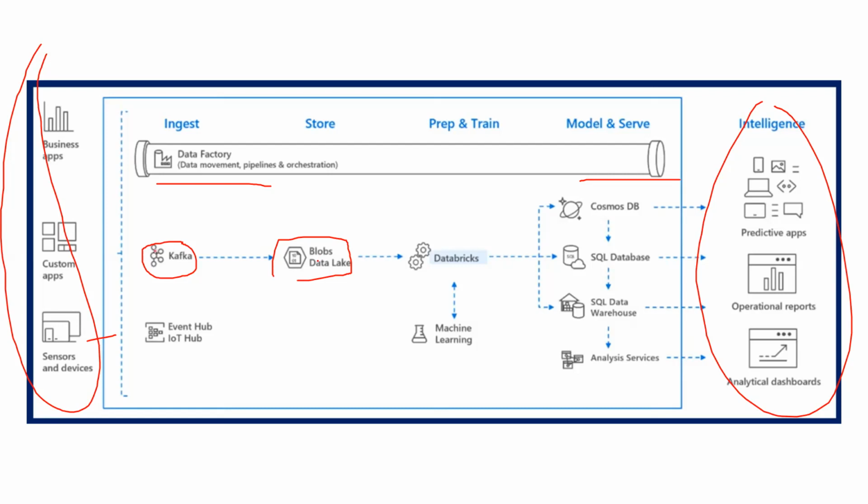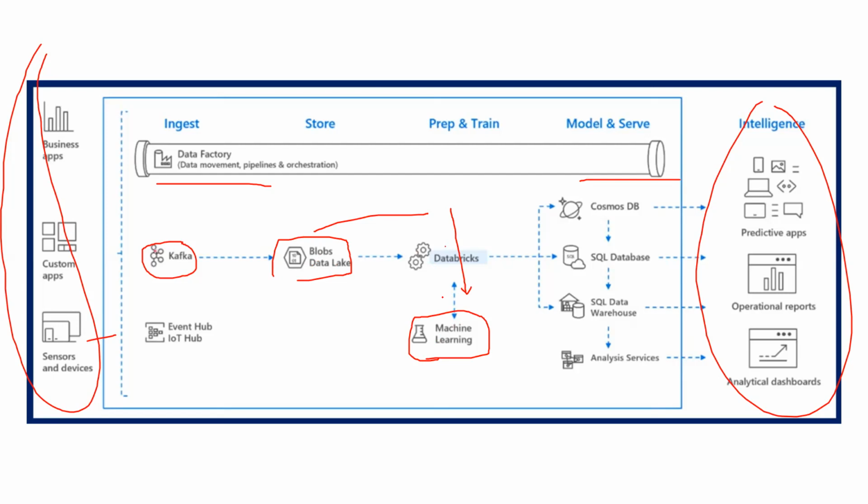And now it's time to perform analysis, isn't it? You want to run machine learning models. A machine learning model will work on data which is in a single format. So that's what Databricks will do: take the data and make it ready for your machine learning models. This is your process.